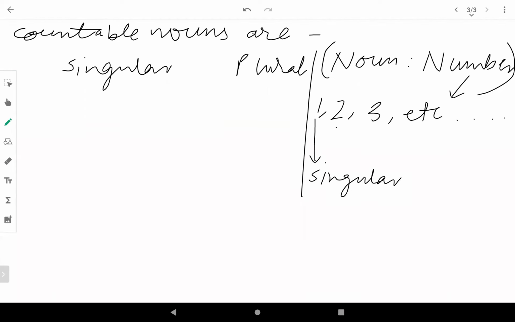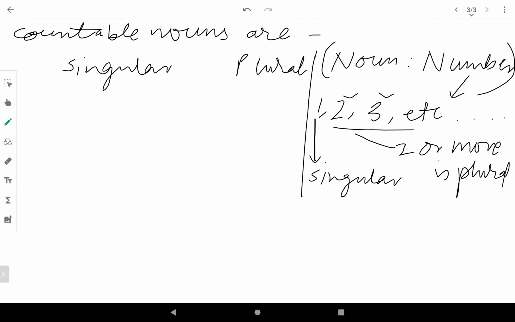And what is plural? Two is also plural. Three is also plural. So what will we say? Two or more is plural.